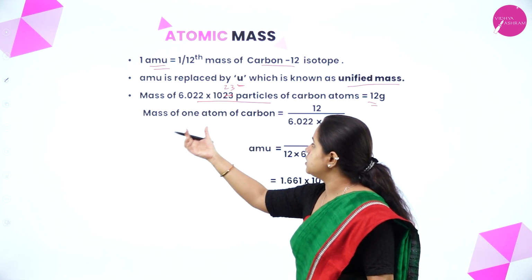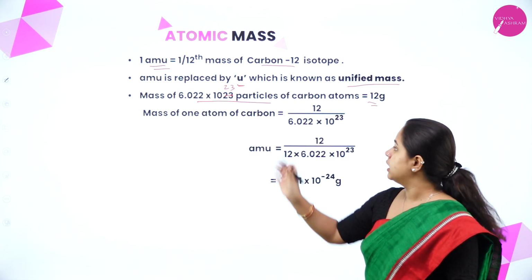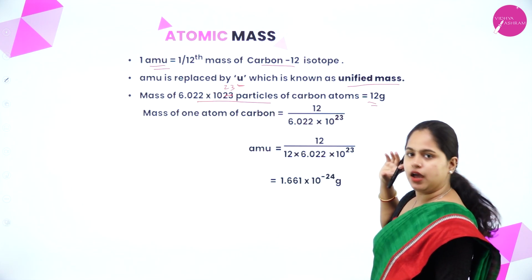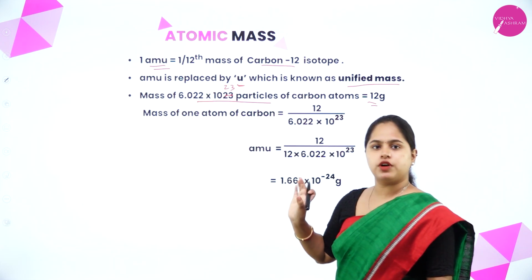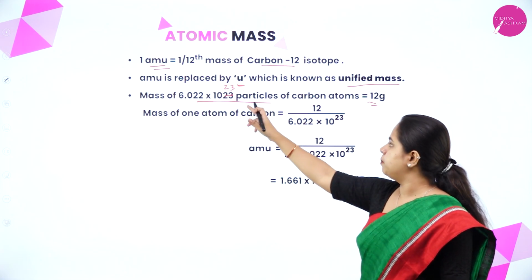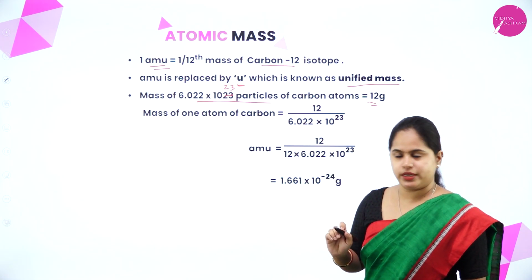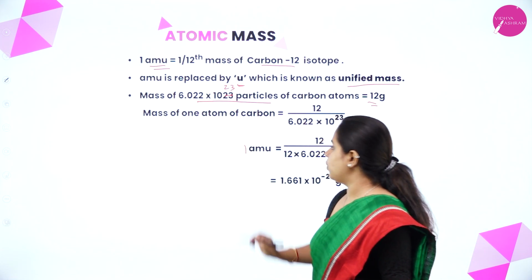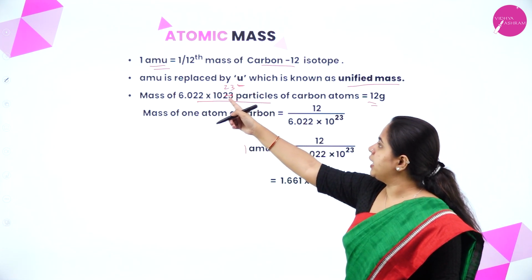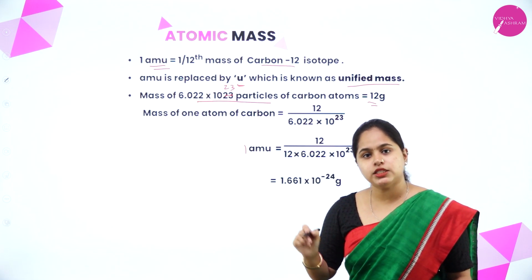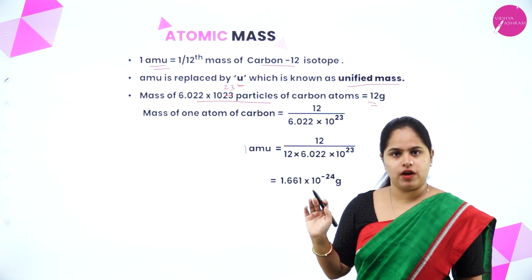Now, what will be the mass of one atom of carbon? These many atoms of carbon have 12 grams. So, one atom of carbon means 12 divided by 6.022 into 10 to the power 23. Then what will be your 1 AMU? We know that 1 AMU is defined as 1/12 the mass of carbon-12 isotope.